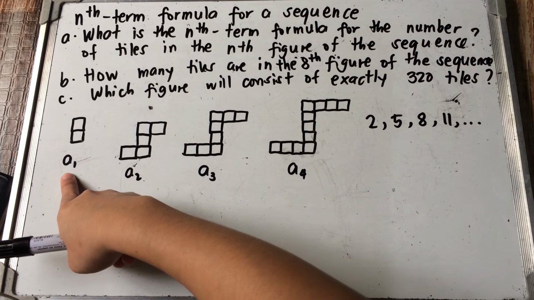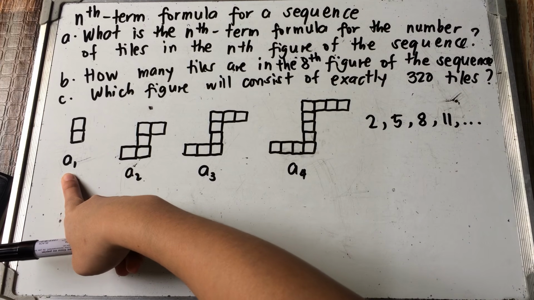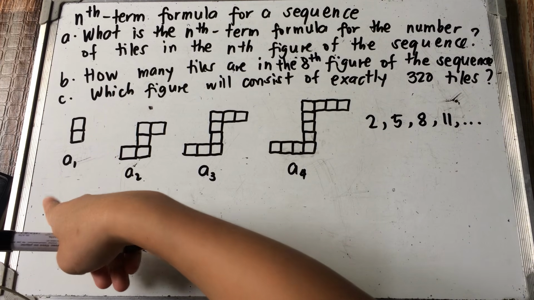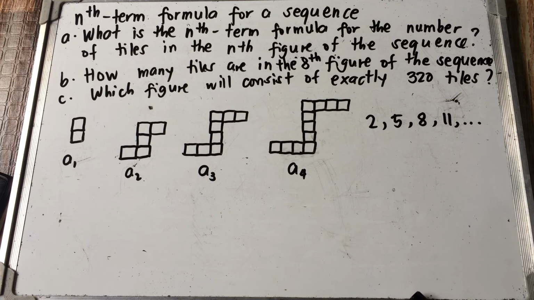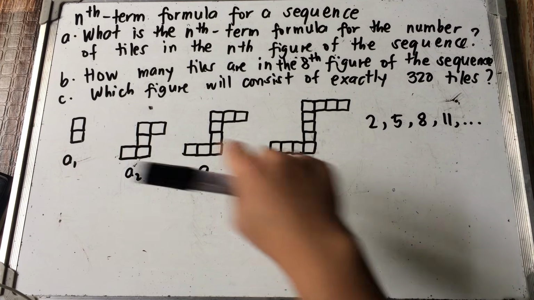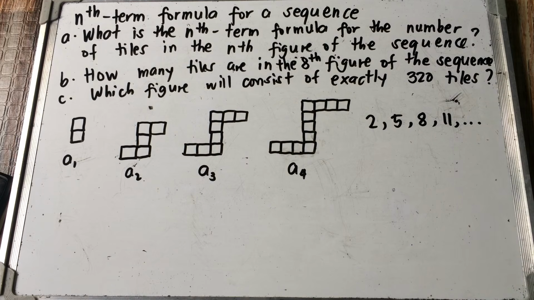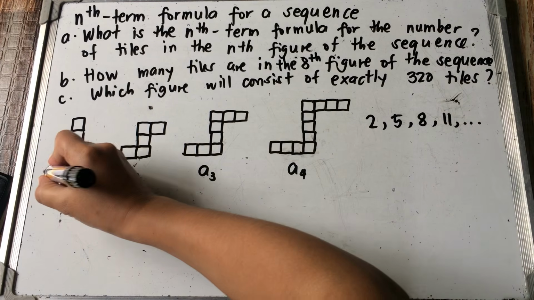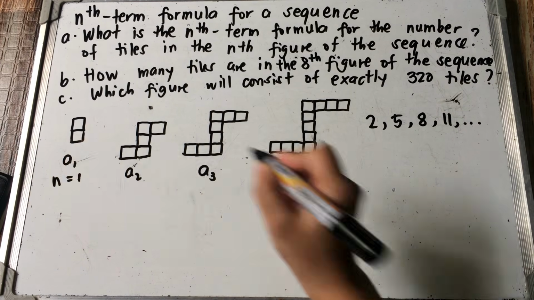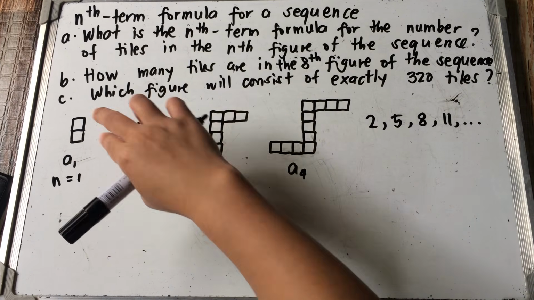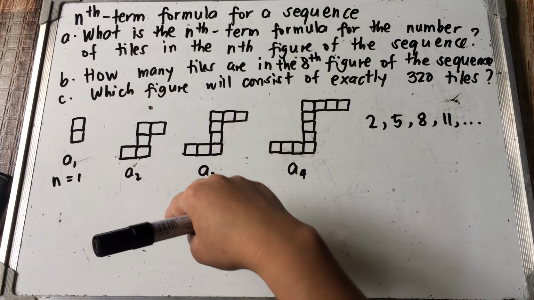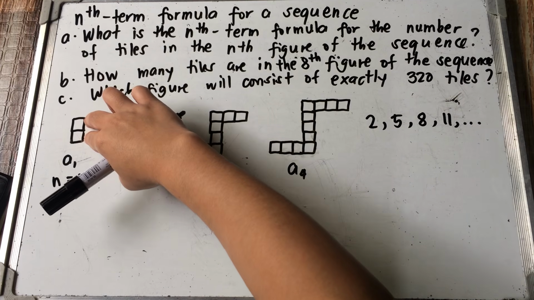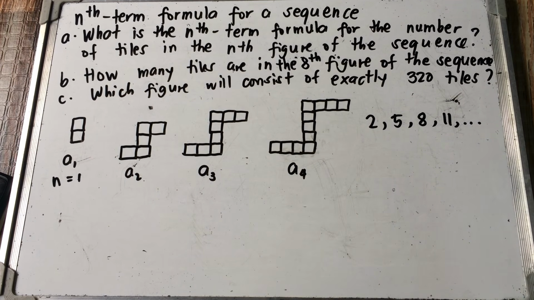Ngayon, kung ang unang figure consists of 2 tiles and that is the first term, ang n ay 1. So, paano ba natin i-express into a formula or into an equation using that value of n? Kasi ang n ay 1, dapat kapag ine-represent natin using a formula, equal dito sa 2 na yon. Kasi ang unang term daw ay may 2 tiles.